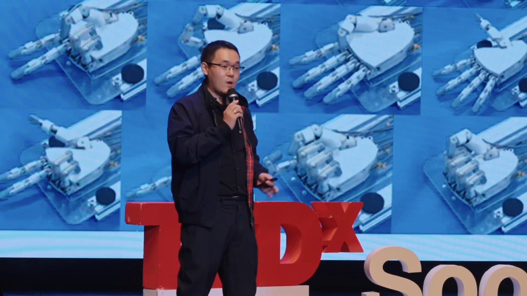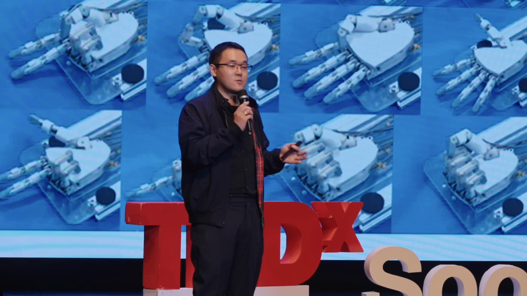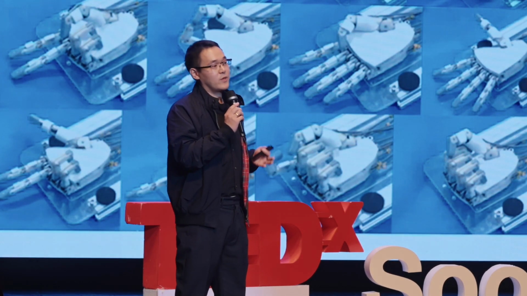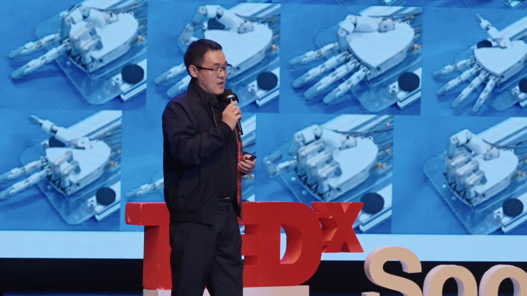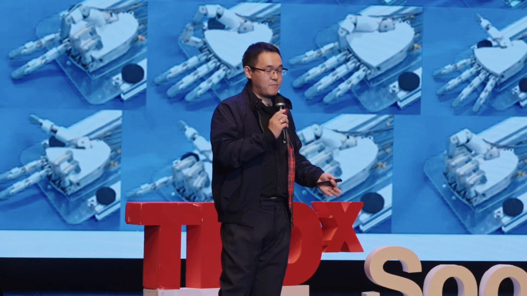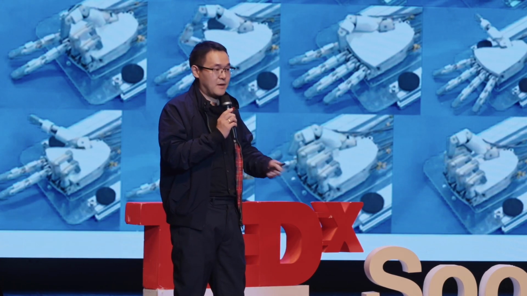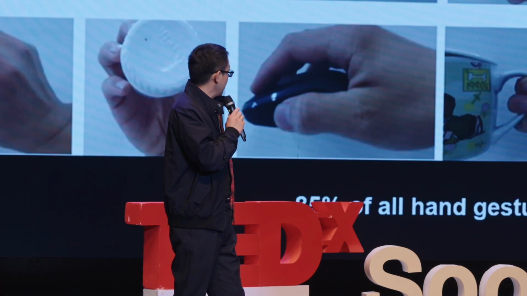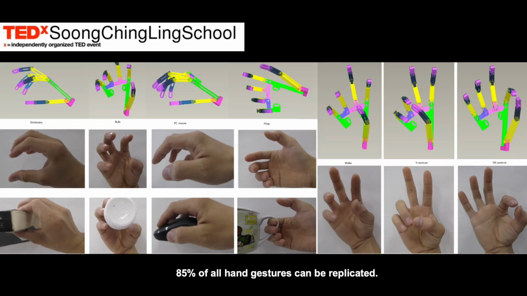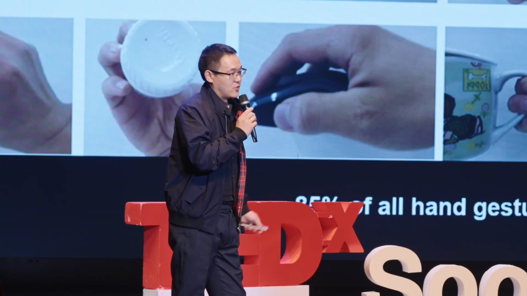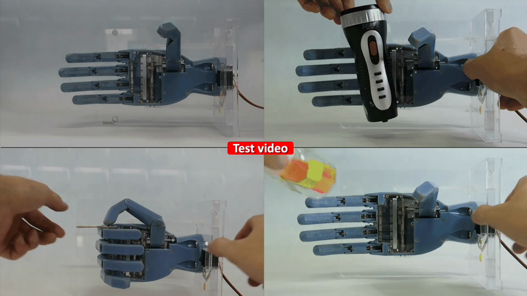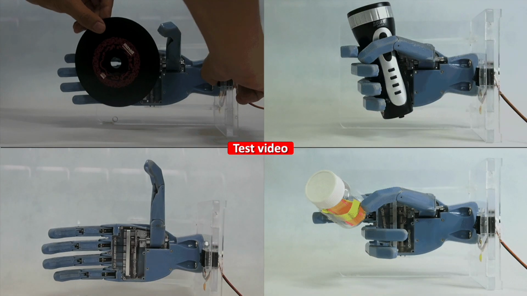Sometimes we need to grasp with precision, and sometimes we need to use power. So we made a balance between precision and power to give a perfect solution for the grasping steps. After that, 85% of gestures can be replicated through our research. Here's a video illustrating how our robotic hand can grasp things.